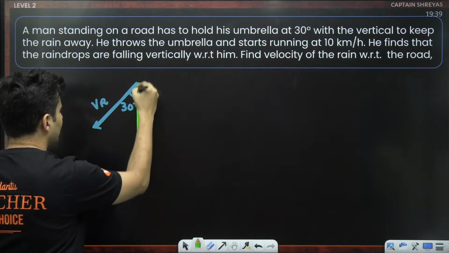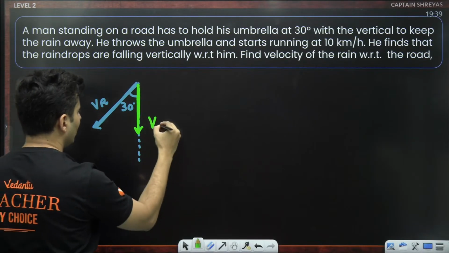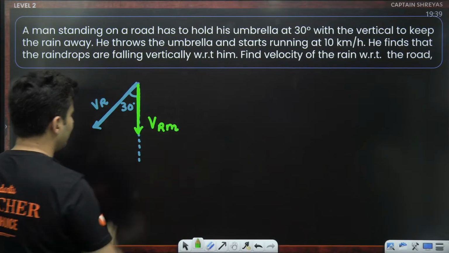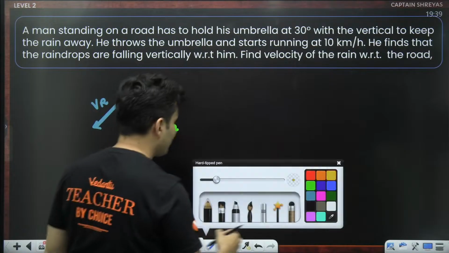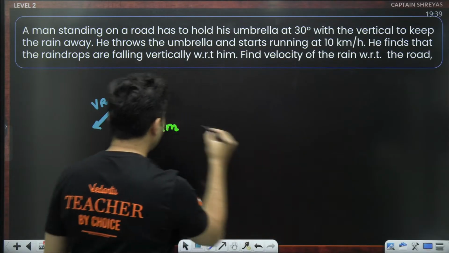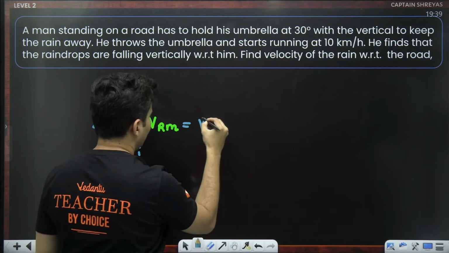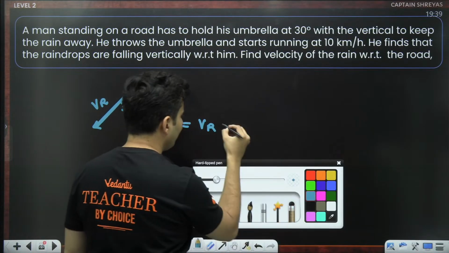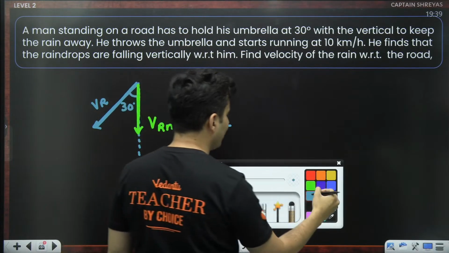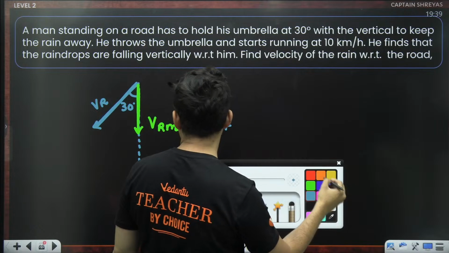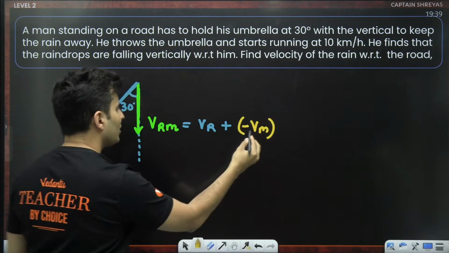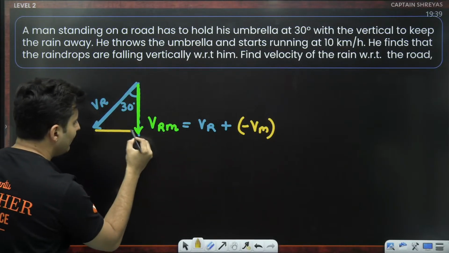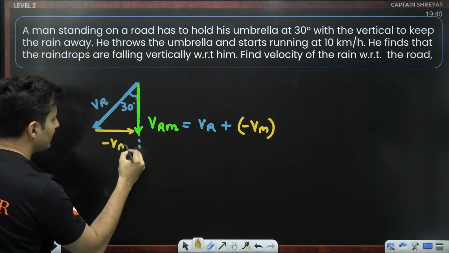VRM is like this. Velocity of the rain with respect to the man is like this. That means VRM is VR plus negative VM. VR plus your negative VM. That means your negative Vm will be here. This is your minus Vm.